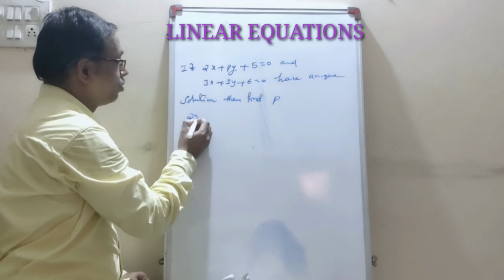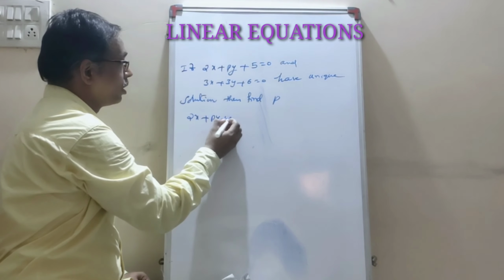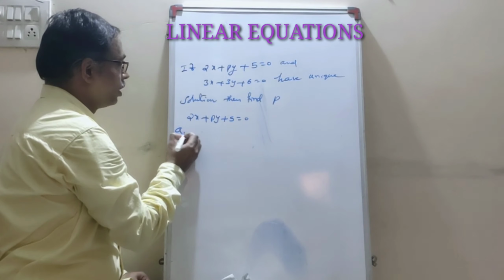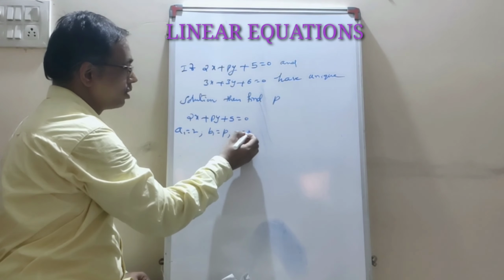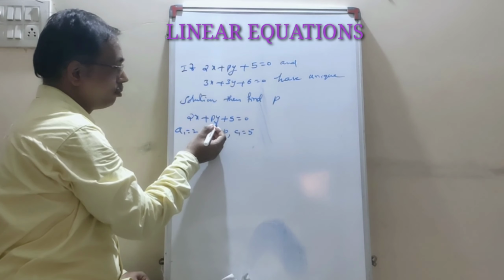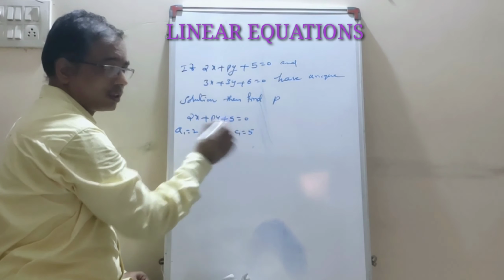First write 2x plus py plus 5 equal to 0. Then write the a1 value. a1 is 2, b1 is p, c1 is 5. a1 is the x coefficient, b1 is the y coefficient, c1 is the constant.